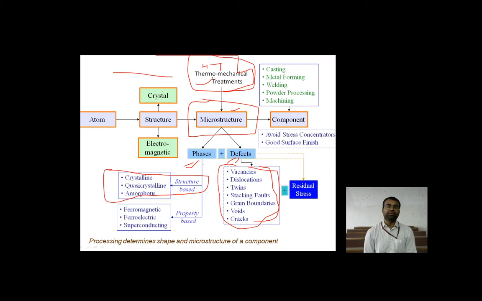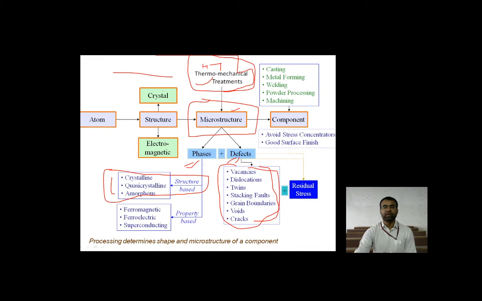If we talk about structures, the microstructure plays a very crucial role in defining the property of the material, that is, the phases of the material. The structure-based phases are the crystalline structure, the quasi-crystalline structure and the amorphous structure. So we define structure into three categories.